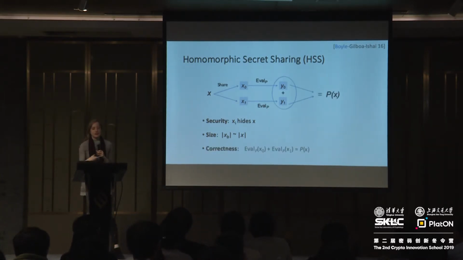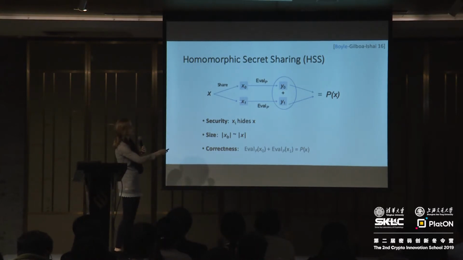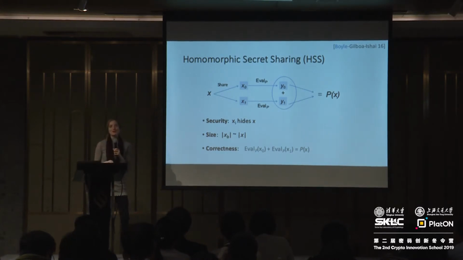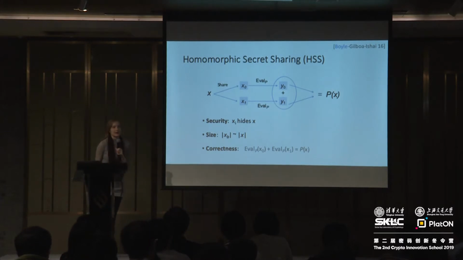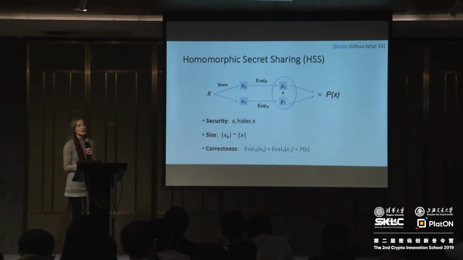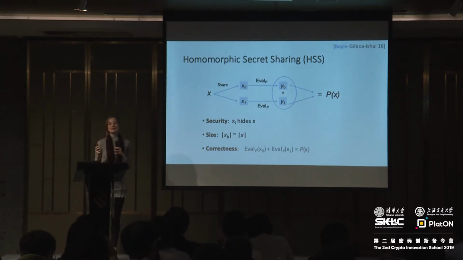Say this is me on the bottom half here: I do this evaluation, I get some value y1, you do the other side, you get y0, and these are now additive shares in the sense that these add up to, with this being homomorphic evaluation with respect to some program P and the input x, the output here, P of x. Okay, so this is the analog of decrypting and getting f of x before. So get yourself comfortable with this. We're going to be talking about this notion a lot.